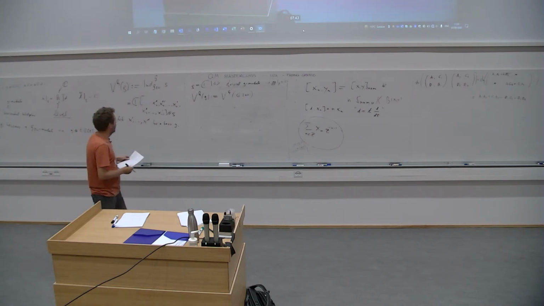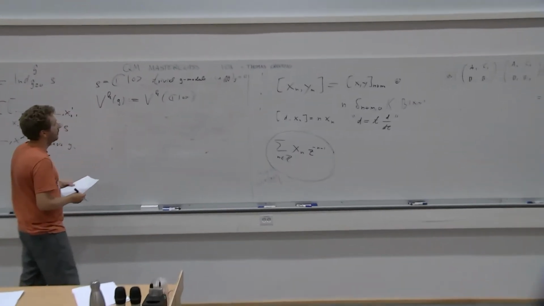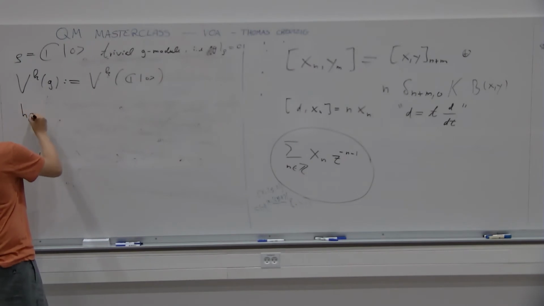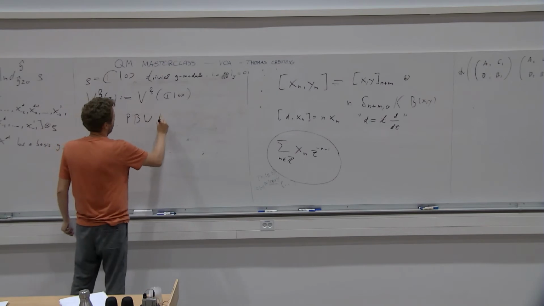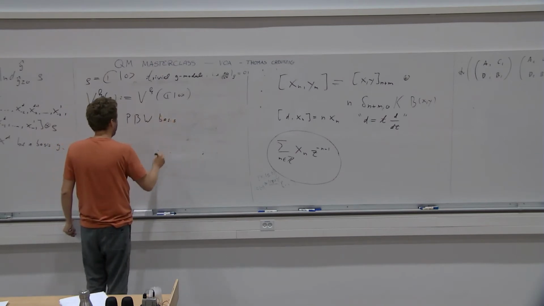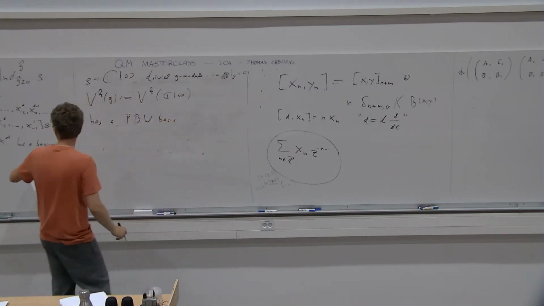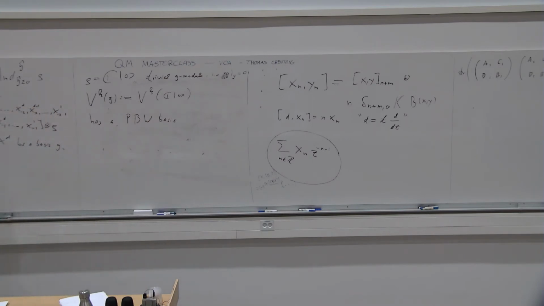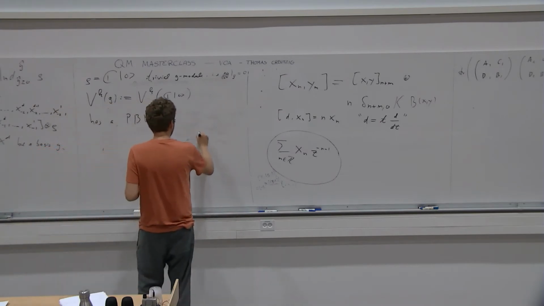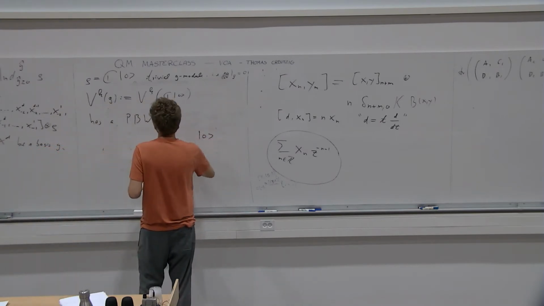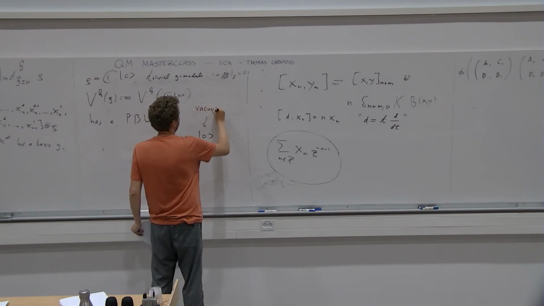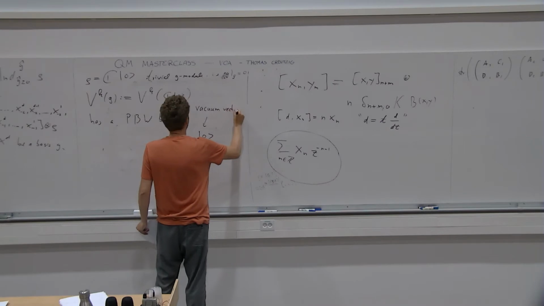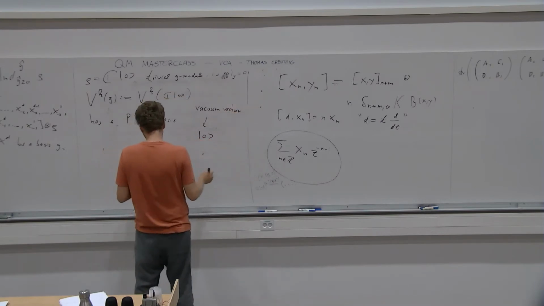Okay, and in particular, this module has a nice Poincaré-Birkhoff-Witt basis given by vectors, and now we just have to take ordered monomials here. So this means it has a basis. This vector, by the way, I will always call vacuum vector. The names will reappear.